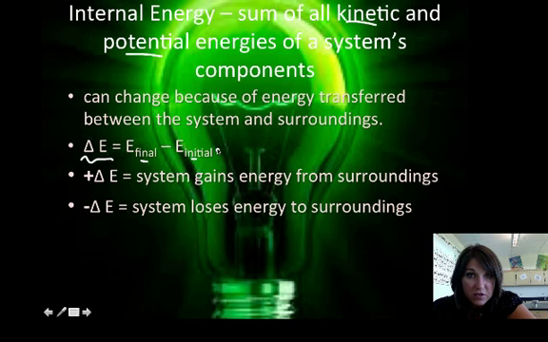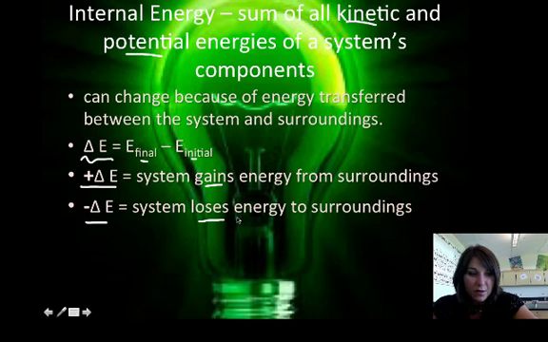The change in energy has to be the same as what was gained by the surroundings. So energy could be transferred between the system and the surroundings, but the overall amount of energy is going to remain the same. If you find a positive energy change, then a system has gained energy from its surroundings. A negative energy change means we've lost energy to the surroundings from the system.